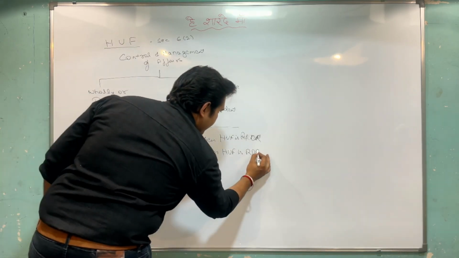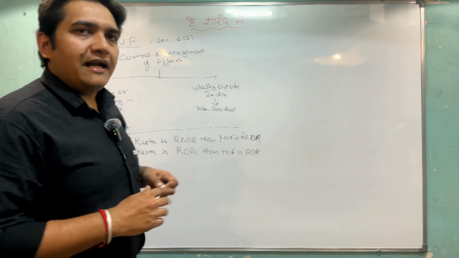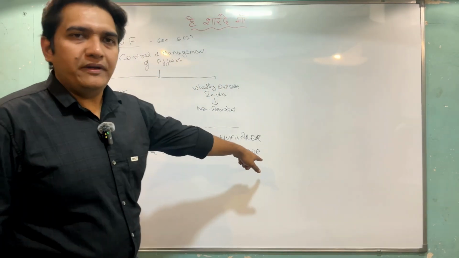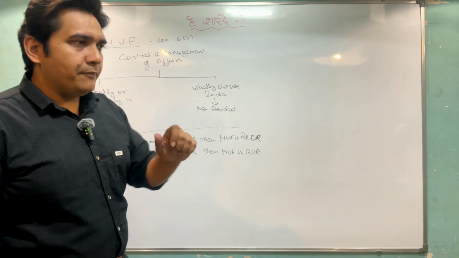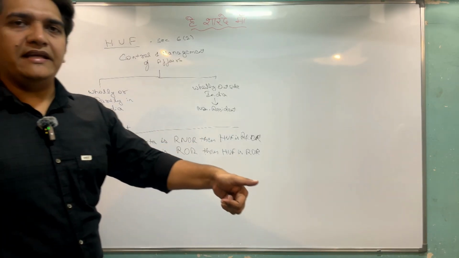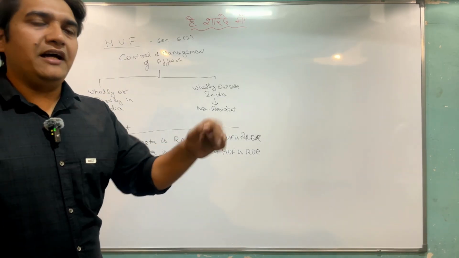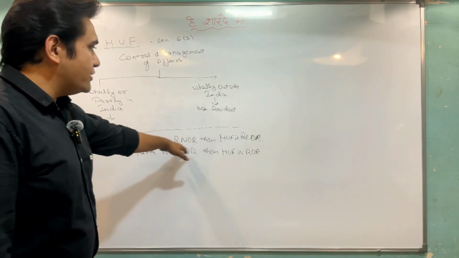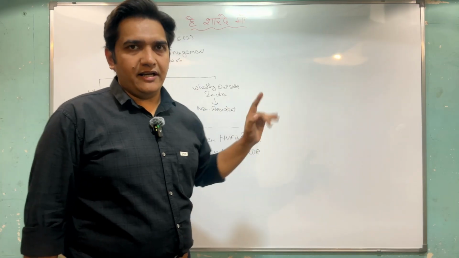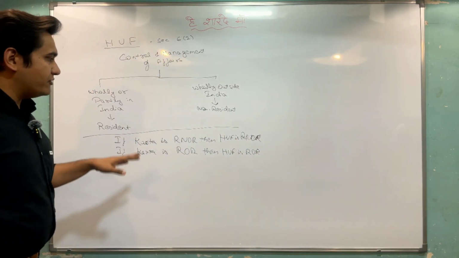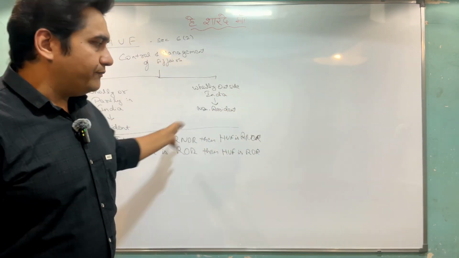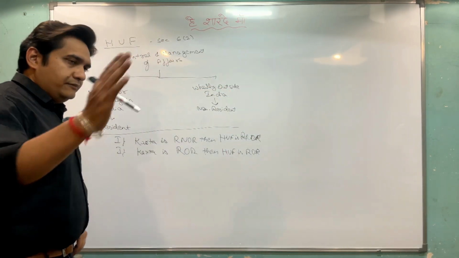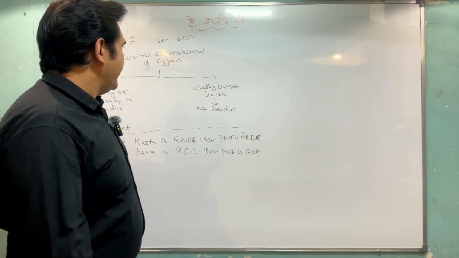What this means is that if the Karta satisfies both the additional conditions, the HUF would also be resident and ordinarily resident. But if the Karta fails to satisfy any of the additional conditions and becomes resident and not ordinarily resident, then the HUF would also be resident and not ordinarily resident. One more thing: the Karta might be non-resident, but the HUF can still be a resident, falling under resident and not ordinarily resident.